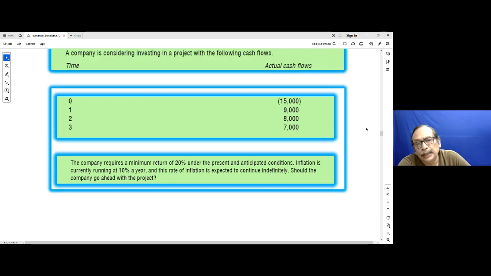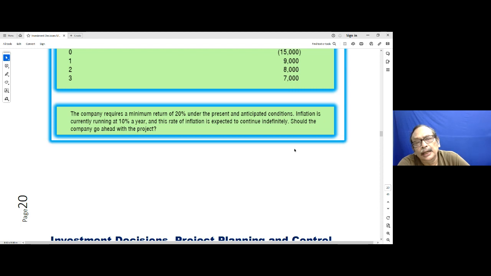The company requires a minimum return of 20% under the present and anticipated conditions. Inflation is currently running at 10% a year, and this rate of inflation is expected to continue indefinitely. Should the company go ahead with the project?